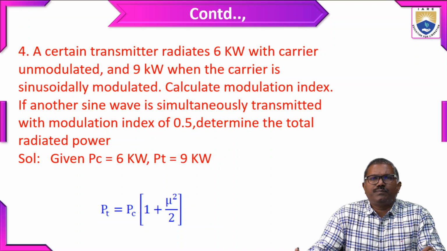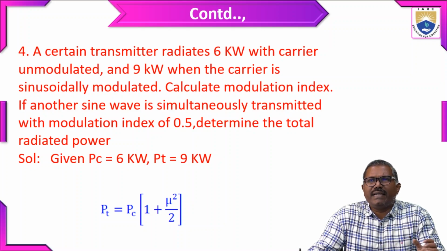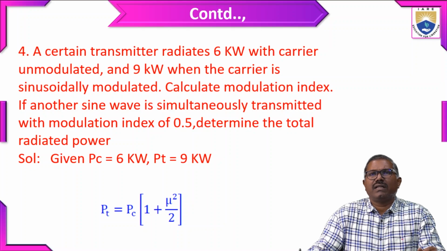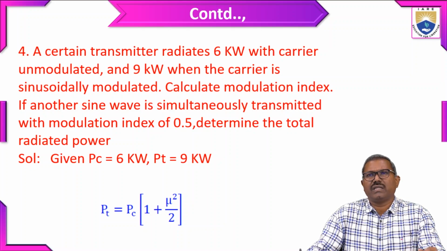In the fourth problem, a certain transmitter radiates 6 kilowatt with a carrier unmodulated and 9 kilowatt when the carrier is sinusoidally modulated. Calculate modulation index if another sine wave is simultaneously transmitted with modulation index of 0.5.